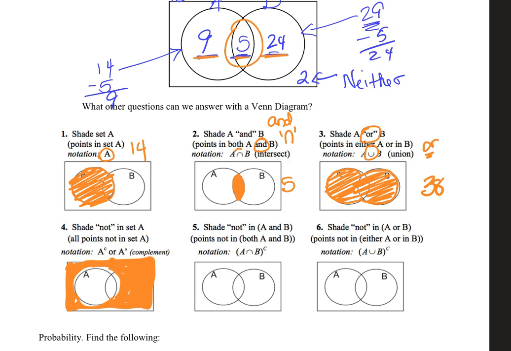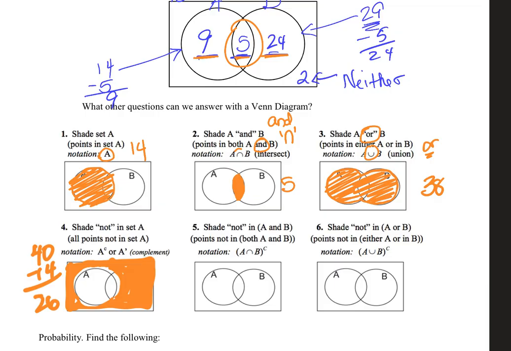Everything that isn't in A. So if A had 14 people, and there was a total of 40, that would be 26 people that aren't in English at all, that don't take English.